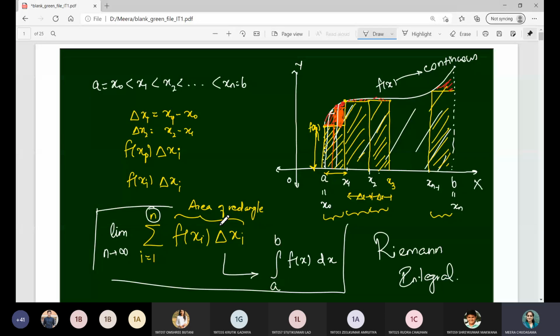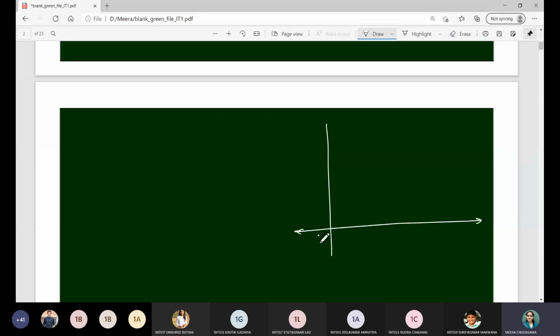So here you can see that suppose we are given one point, A, and another point, B, and the corresponding y values, so this point will be B, f of B, and this point will be A, f of A. We are just given these two points, nothing else. We are not given this curve that I have drawn, to see how that area will be approximated, right?